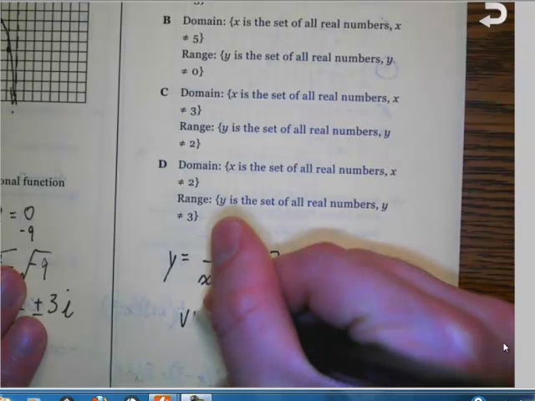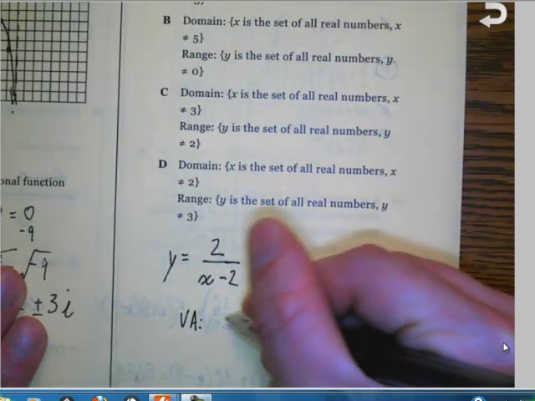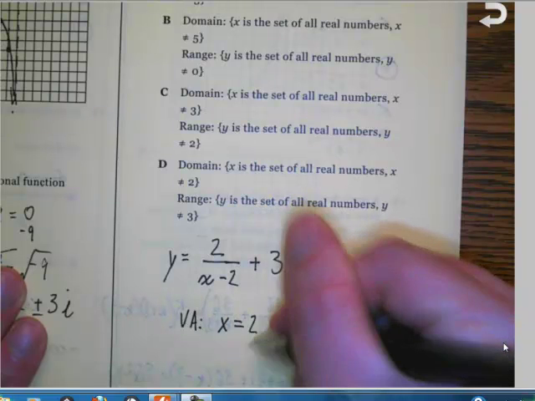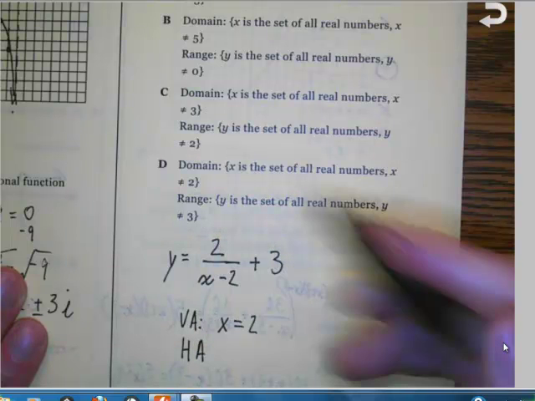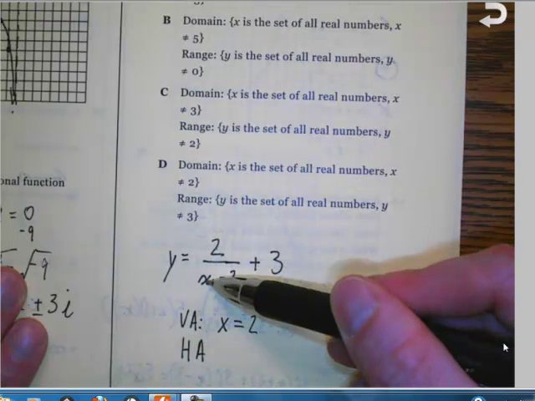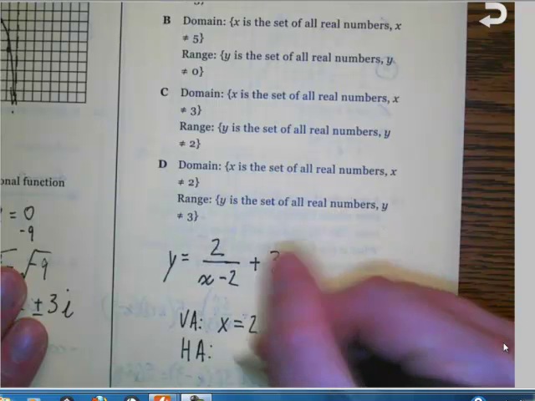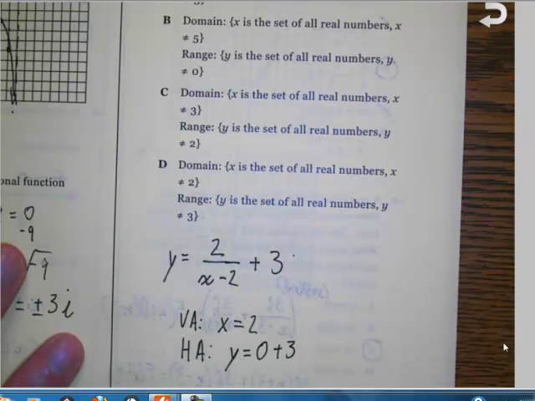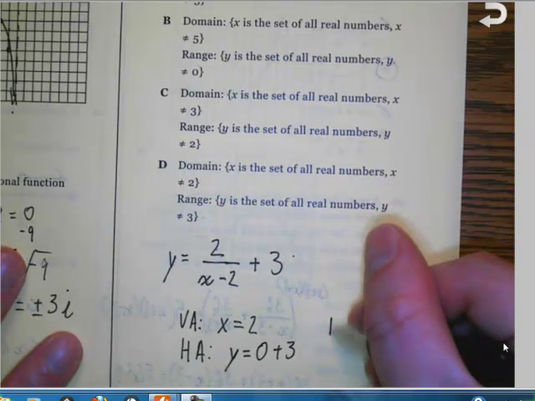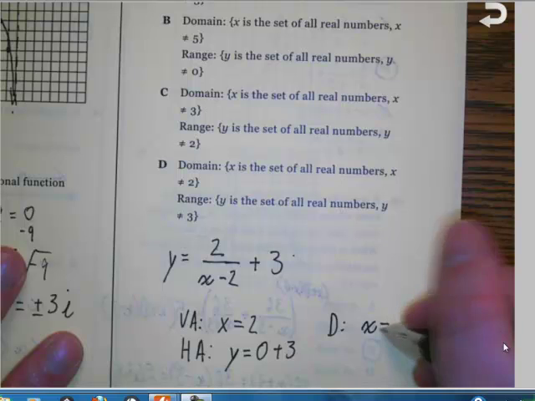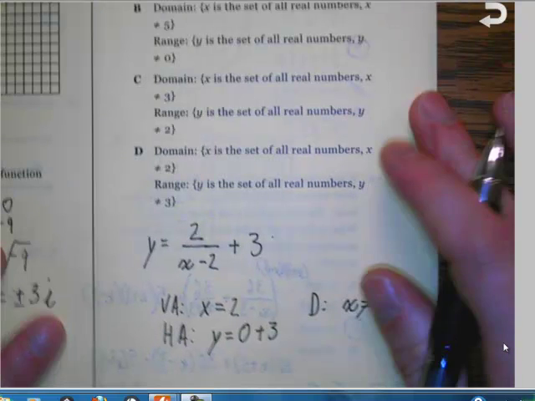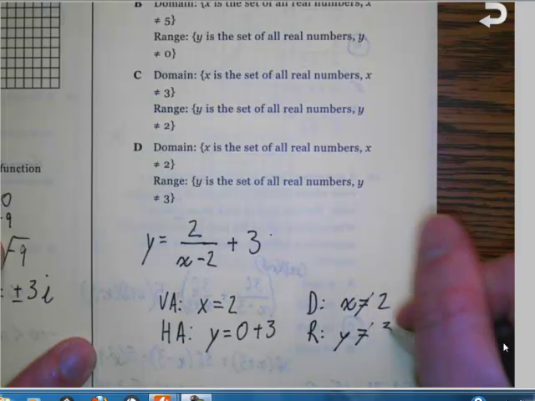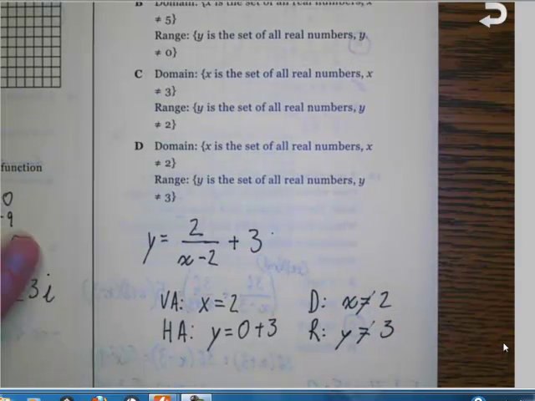This tells me I have a vertical asymptote at x is equal to 2, and I have a horizontal asymptote. Because the degree of my numerator is less than the degree of my denominator, my horizontal asymptote should be 0, except I'm adding the constant 3. So this says that my domain is everything but positive 2, and that my range is everything but positive 3.